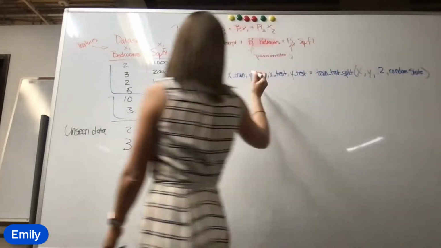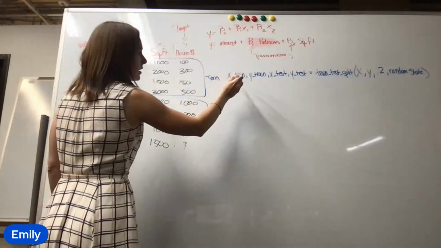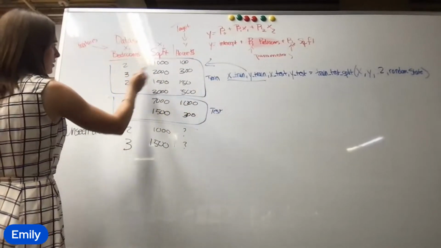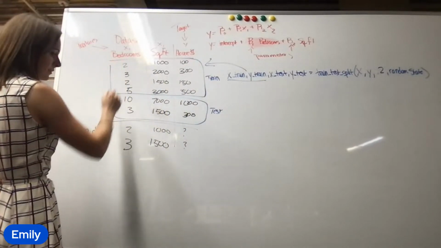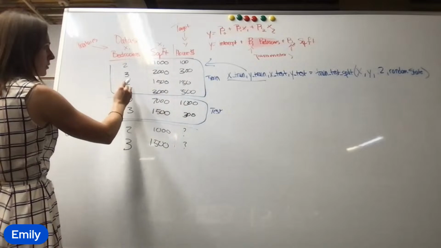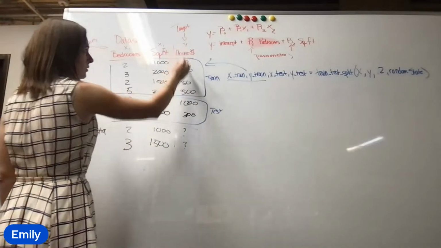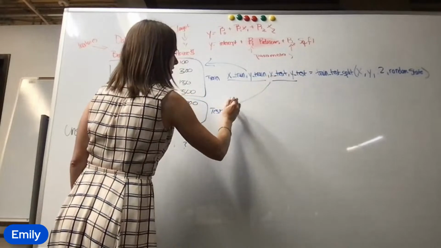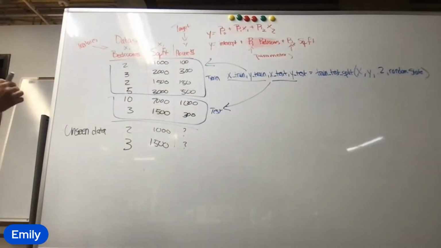This is what we're talking about here. So that X train, Y train comes from this. X train is going to be our two columns here, and Y train is going to be our Y target variable. When we say X test, Y test, that comes from here.